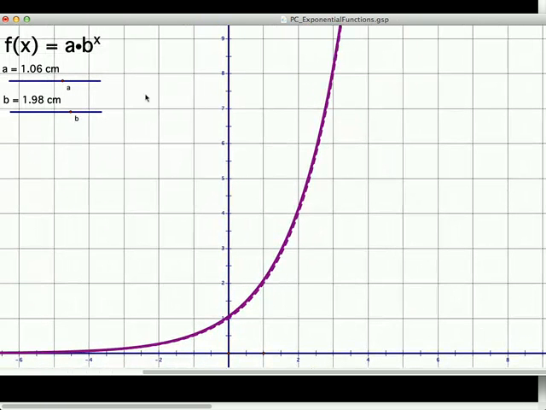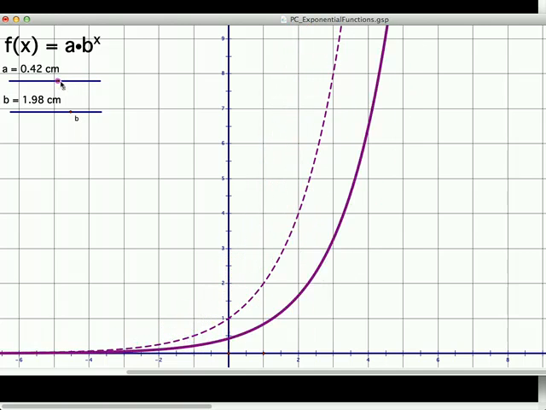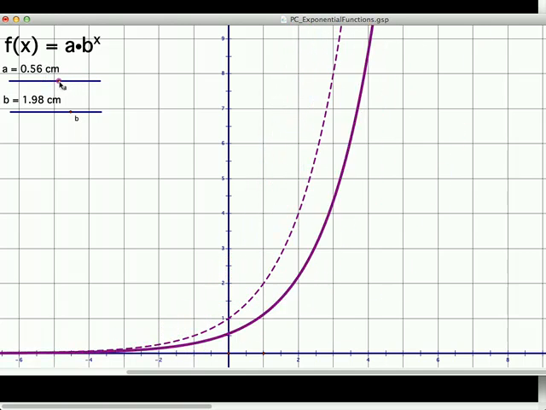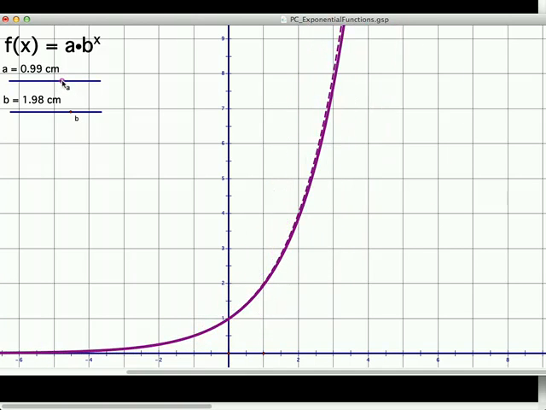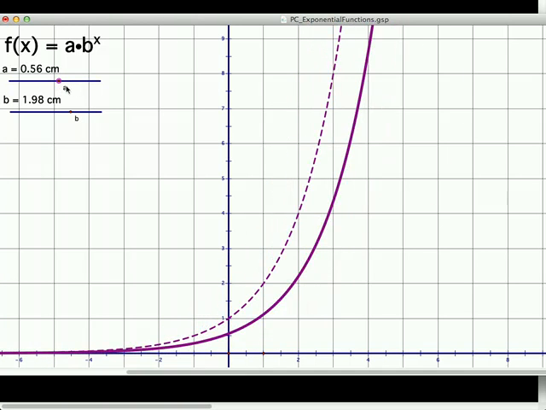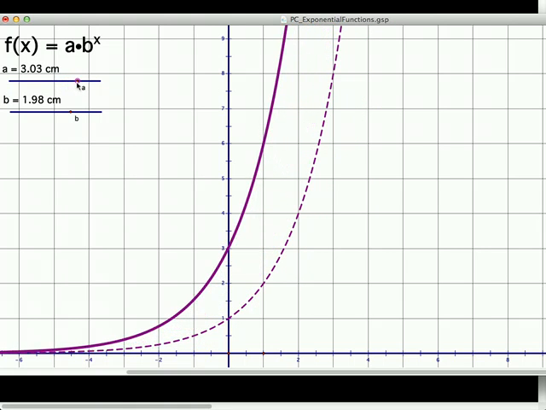So let's see what happens when I change the value of a. Here I've had a about 1. When I increase a, what else is this changing? Now this is a little bit harder to tell. Oh, interesting stuff happening there too. So when a is 1, it's just the regular 2 to the x stuff. But when a is greater than 1, for instance 3-ish, what else changed on us?